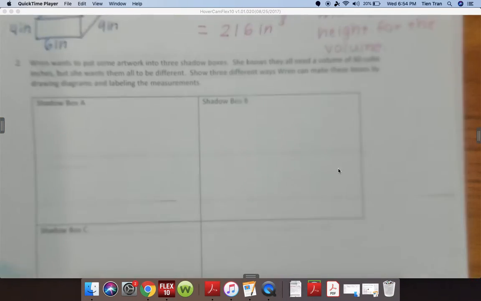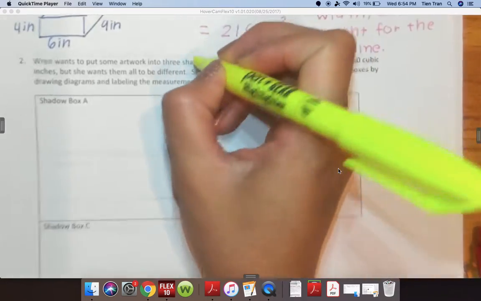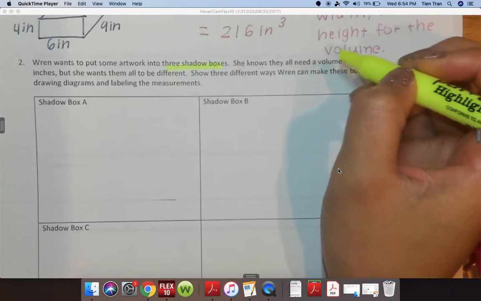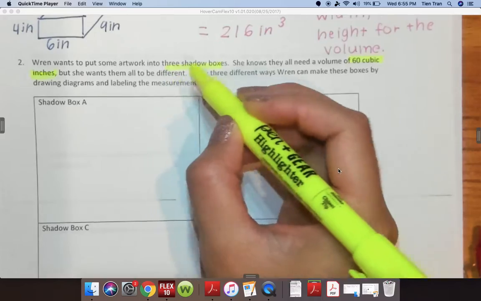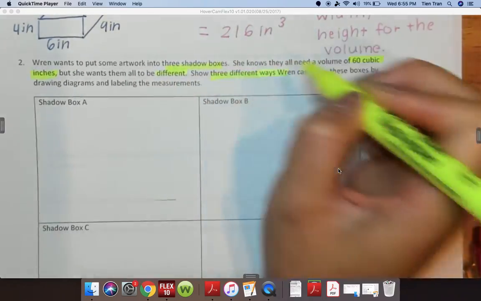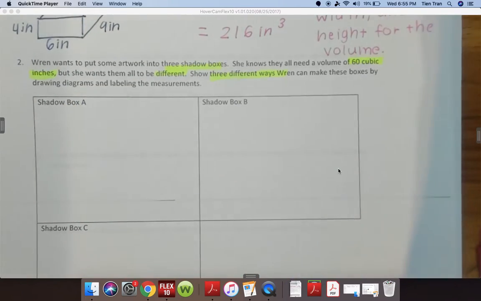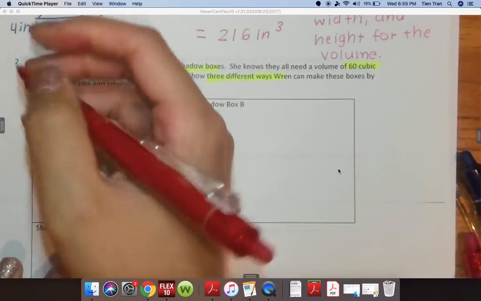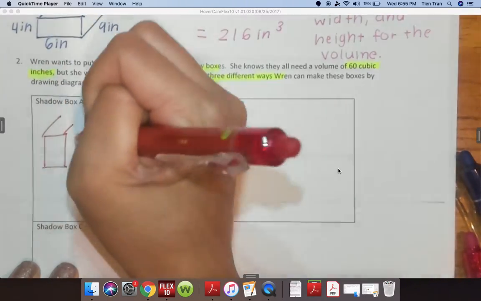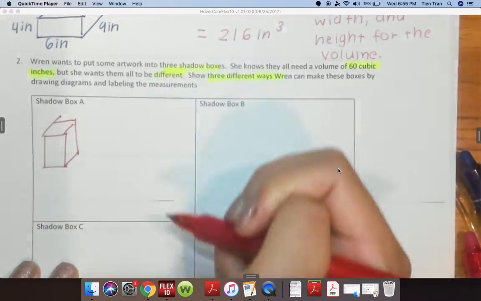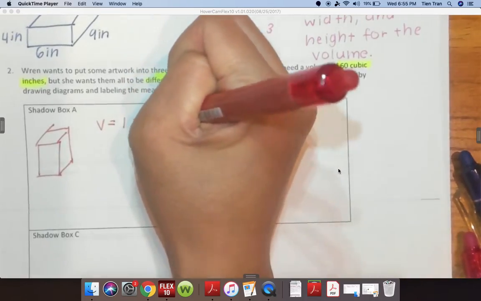Now problem 2. Ren wants to put some artwork into 3 shadow boxes. She knows they all need a volume of 60 cubic inches, but she wants them all to be different. Show 3 different ways Ren could make these boxes by drawing diagrams and labeling the measurements. So, first one I'm going to draw. Okay, I know that volume is equal to length times width times height.